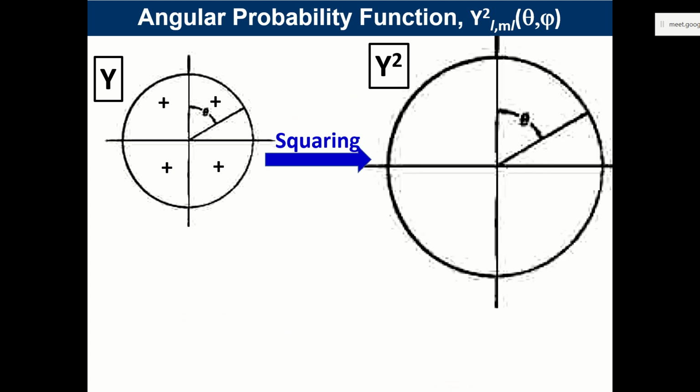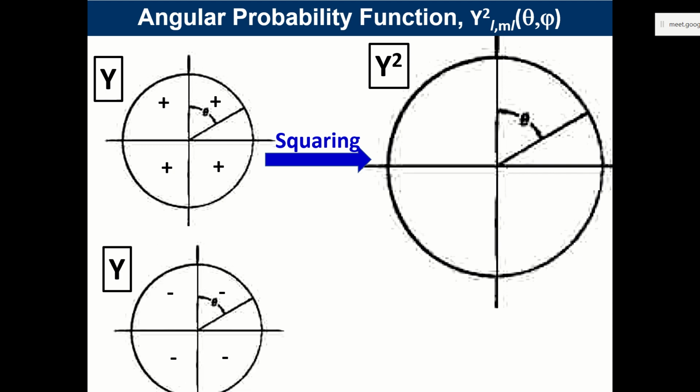So look at the profile for the s orbital, which is a sphere. It is positive in all quadrants. When you square it, the shape will remain the same. The profile of the angular wave function remains the same even after squaring, as the profile of angular probability or angular electron density.